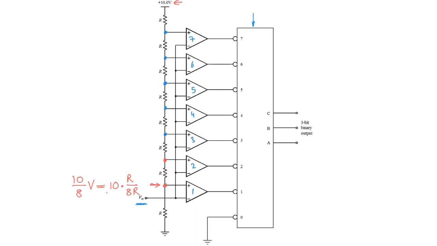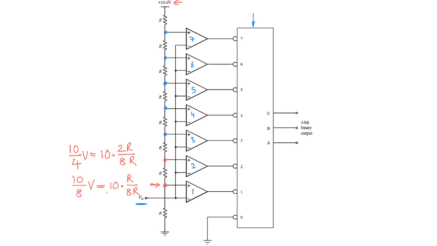You have 8 resistors in total, and you have 2 resistors below. So the output at this point is going to be 10 times 2R over 8R, which is 10 times 2 over 8 volts.